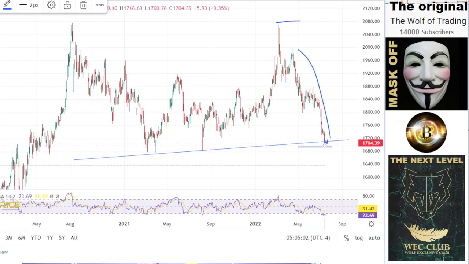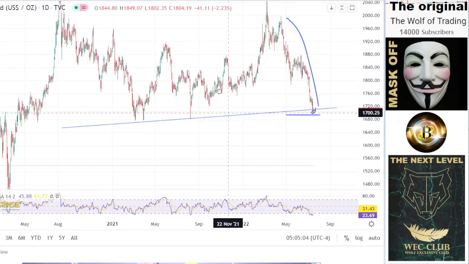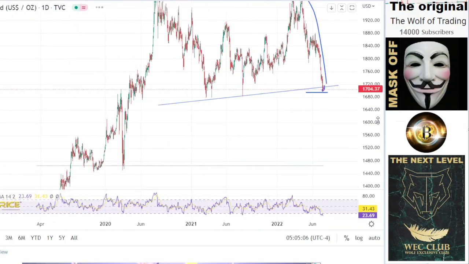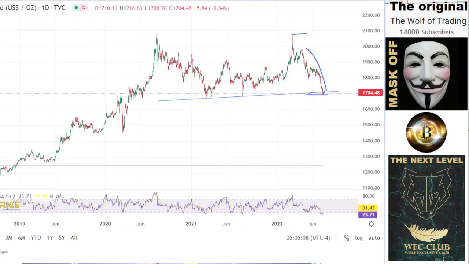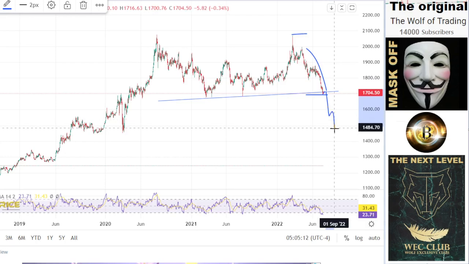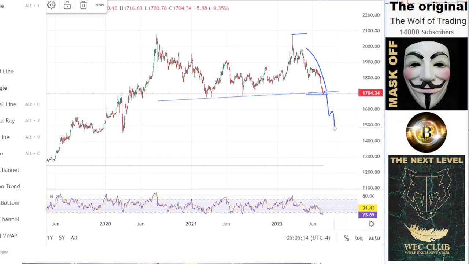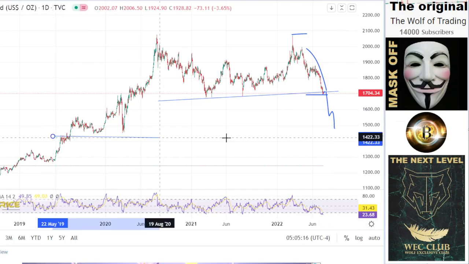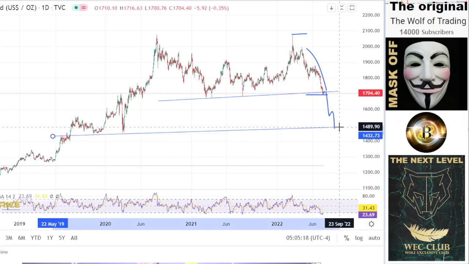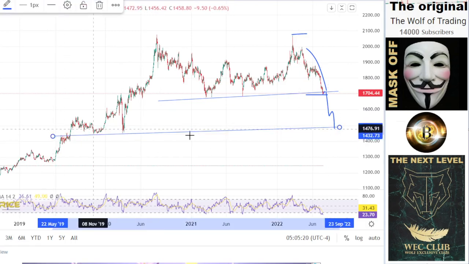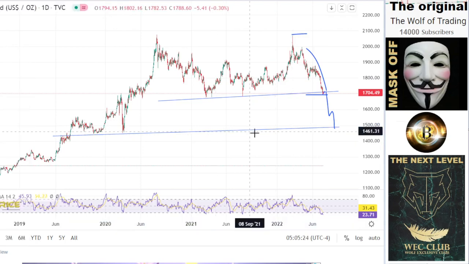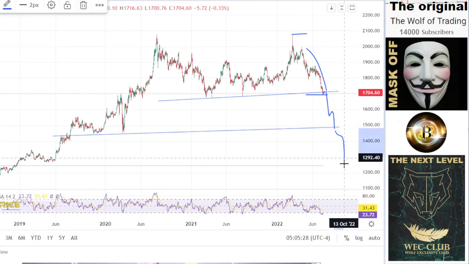And after testing this weak structure, the price will go to the downside. Let me look here. And this structure is also weak. If you look here, you can see it's also weak. So we have the possibility to fall really hard to these levels.